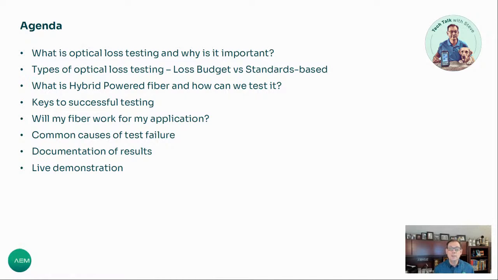We'll talk about some keys to successful testing, and whether or not the fiber will work for your application based on the test results. We'll examine some common causes of test failure, talk a little bit about documentation of results, and then go on to the live demonstration.